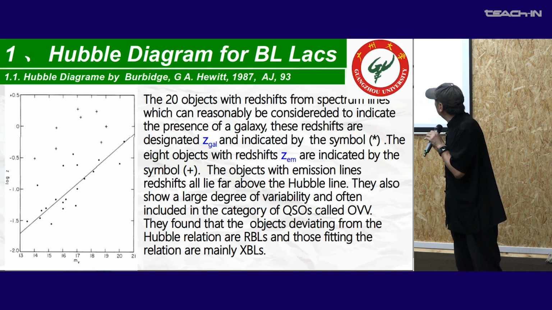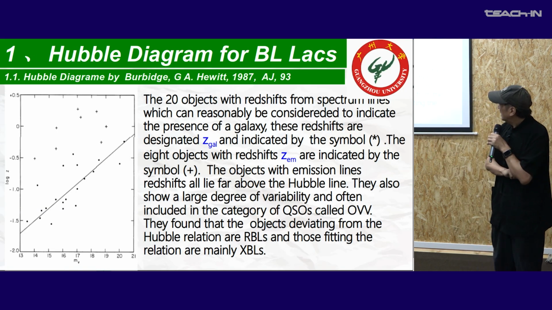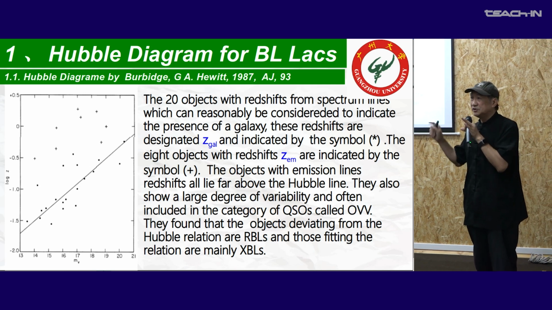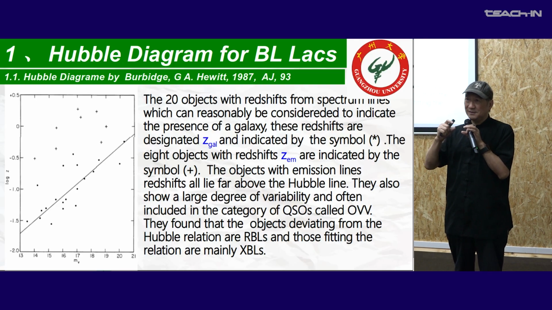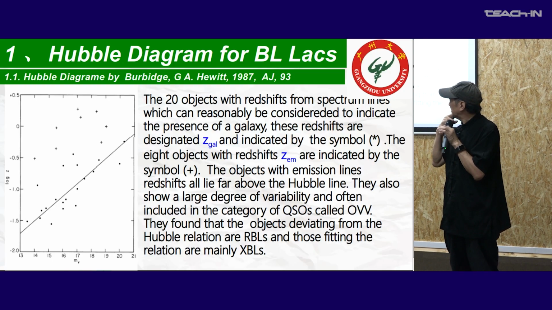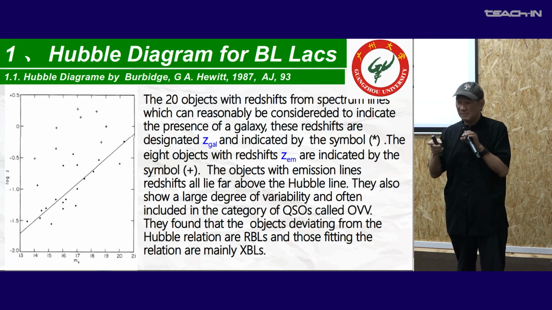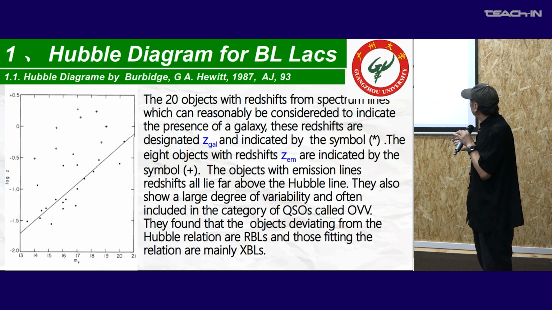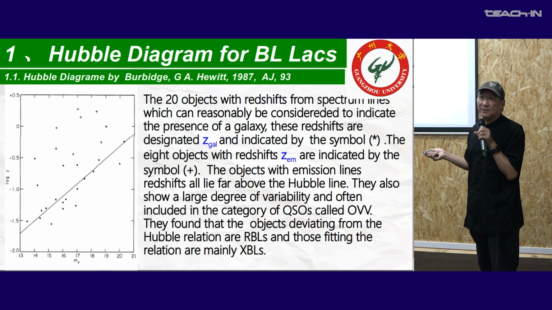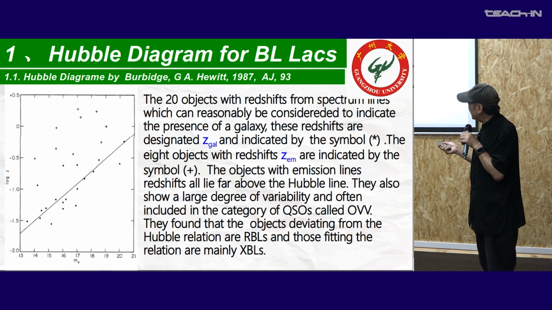In 1987, Babbage and Hewitt used a sample of Blazar objects to investigate the Hubble relationship. They had 28 Blazar objects: 20 have galactic redshift, and the remaining 8 have emission redshift.